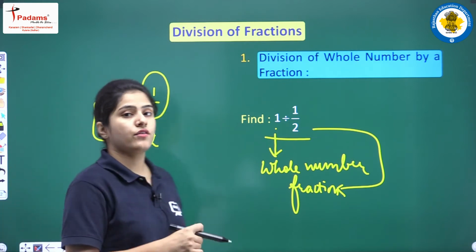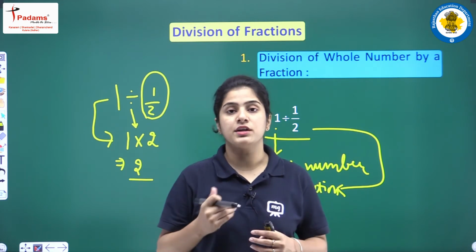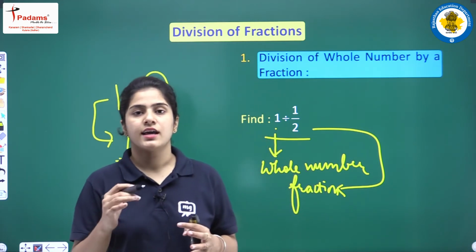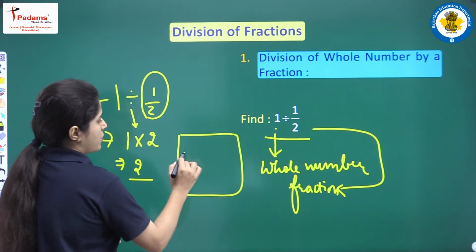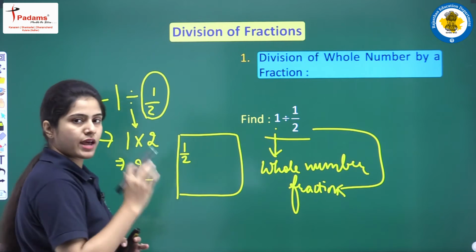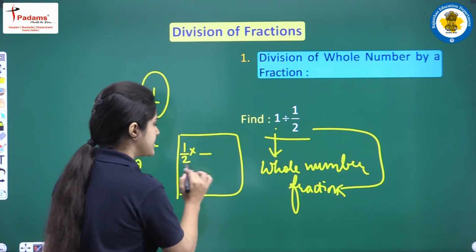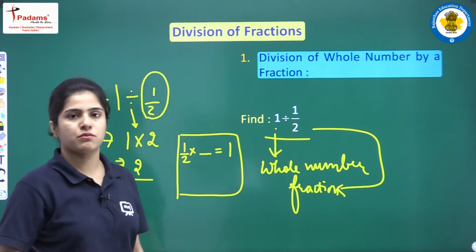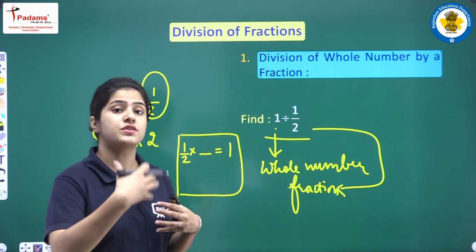Alright students, reciprocate means I will just reverse the number, okay? What does it mean? Have a look. If 1 upon 2 is any fraction, what is its reciprocal? A reciprocal is a number which is multiplied with this half so that the answer is 1, okay? So, what should be multiplied with half so that its answer is 1?